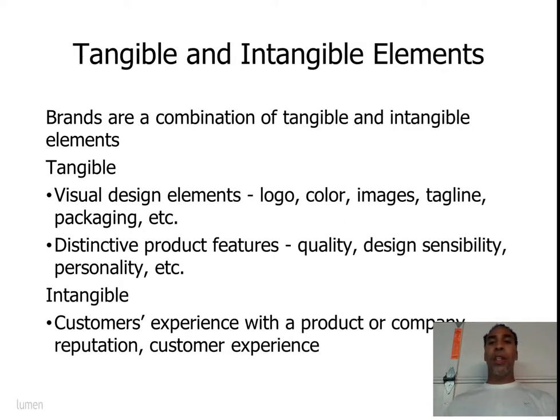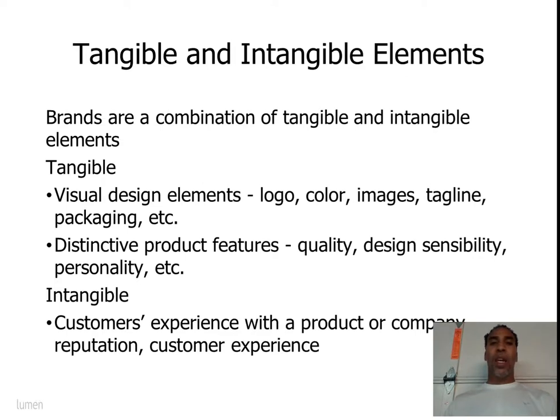You have tangible and intangible elements. So brands are a combination of tangible and intangible elements. So tangible elements, you have a visual design, right? Remember we talked about tangible, that you're able to touch and feel something. It has a logo, color, images, a tagline, packaging, right? Like McDonald's has a tagline, Coca-Cola has a tagline, and they have visual elements to their design.